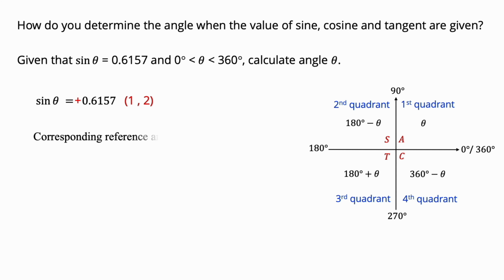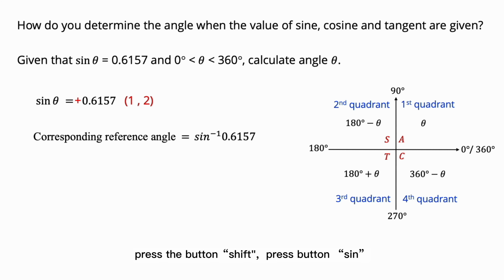Then, determine the corresponding reference angle by calculator. Corresponding reference angle equals arcsine 0.6157, press the button shift, press button sine, and key in the figure 0.6157. The result given is 38 degree. Lastly, calculate angle theta based on the quadrant identified.